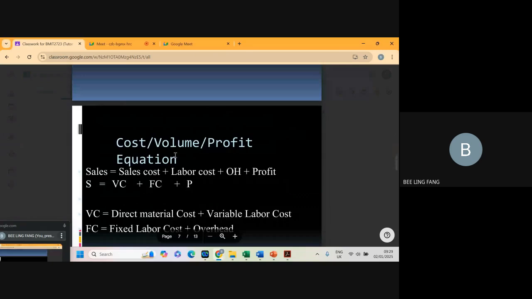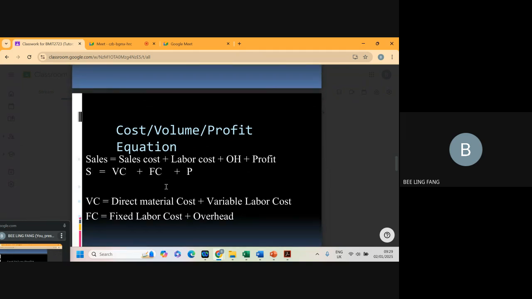Okay, so your sales is the sales cost plus labor cost, overhead, the profit. So this is your sales. You have to include everything that you have to pay, right? Usually they rename it like fixed cost, variable cost. VC is like direct material cost and labor cost, that is variable cost. Then you have fixed costs.